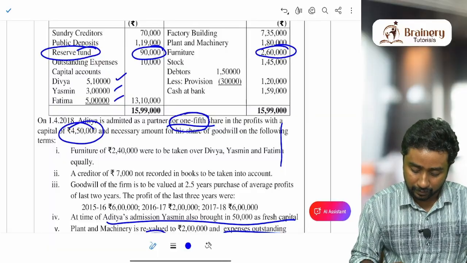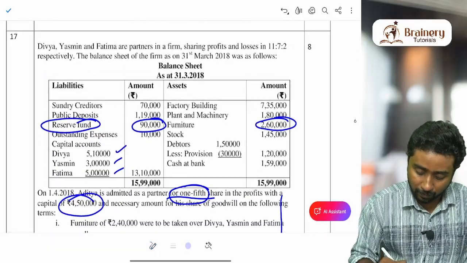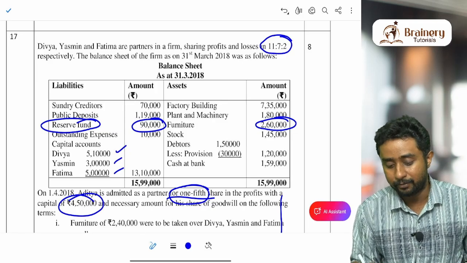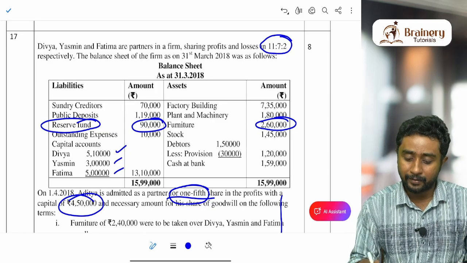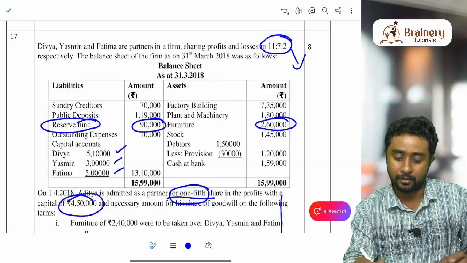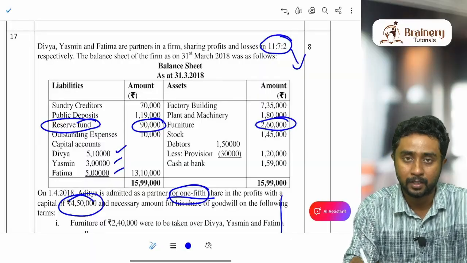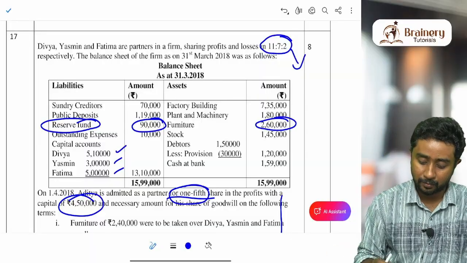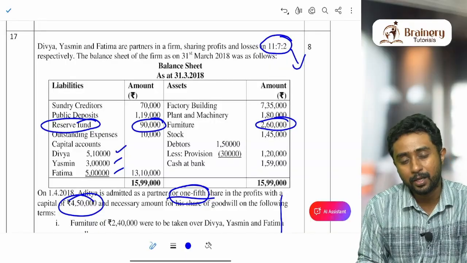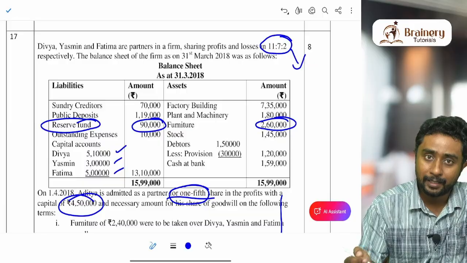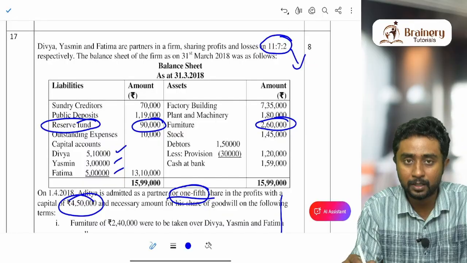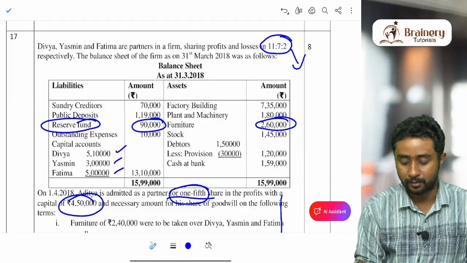In that situation, it is assumed that all the other remaining partners have sacrificed, in the same ratio as their existing ratio, that means 11:7:2. I'll repeat: if a new person comes and his share is given but no additional information on how he got it, then the sacrificing ratio is taken the same as the existing partners' old ratio.